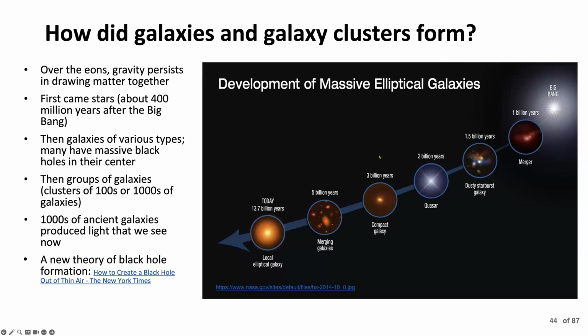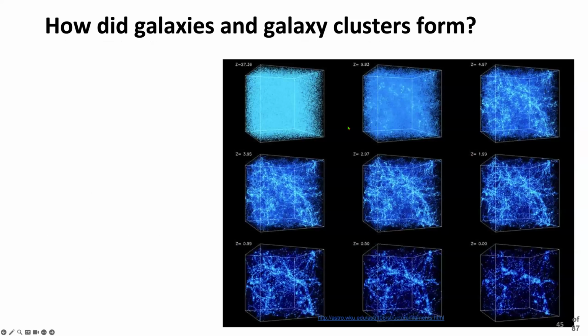So there's more detail here you can read about the evolution of galaxies and galaxy clusters. Here's yet another way to observe this. This is a computer simulation where we have essentially a uniform distribution of little dots in a box. Each dot represents a galaxy.